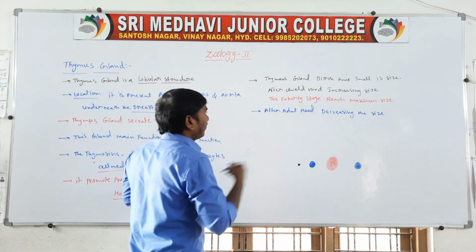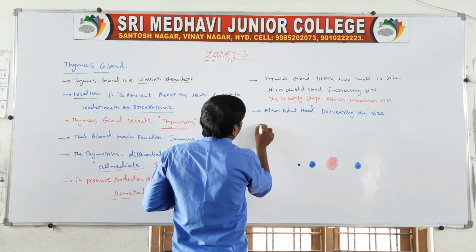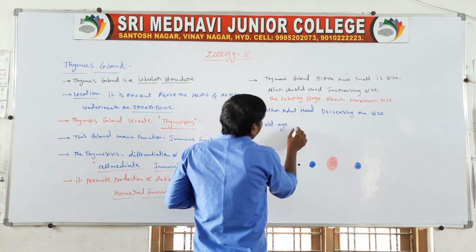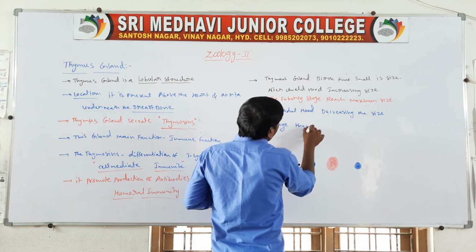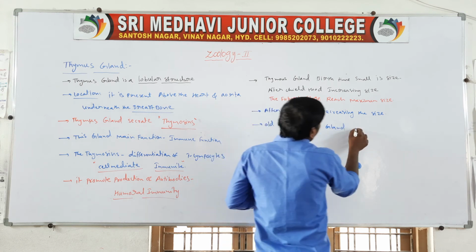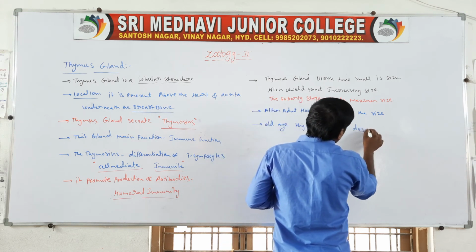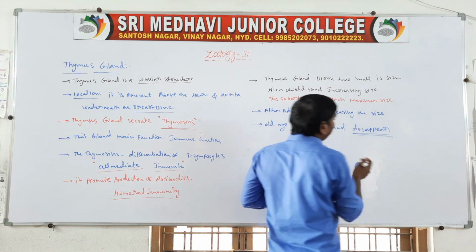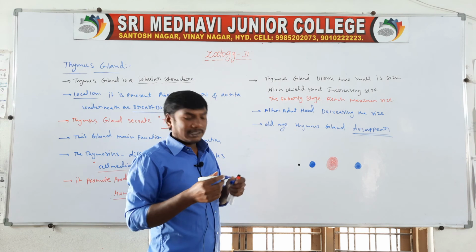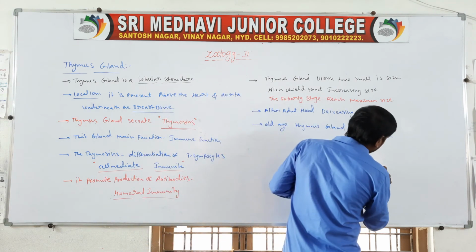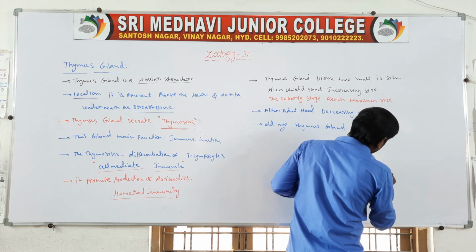After old age, the thymus gland disappears. The thymus gland is disappearing and dissolving in the old stage.